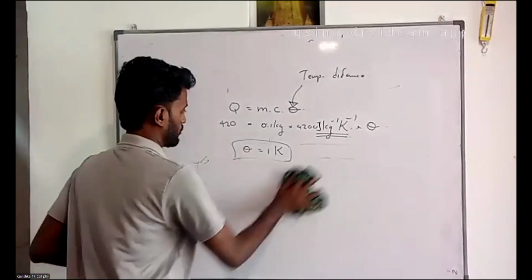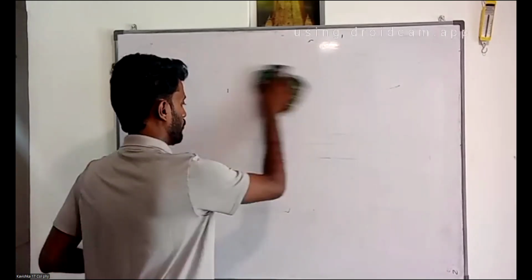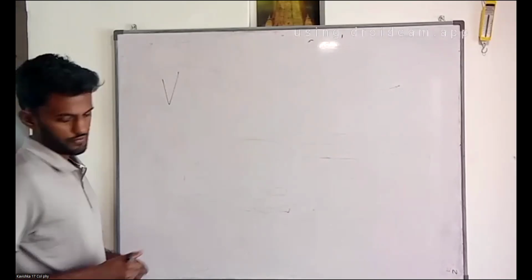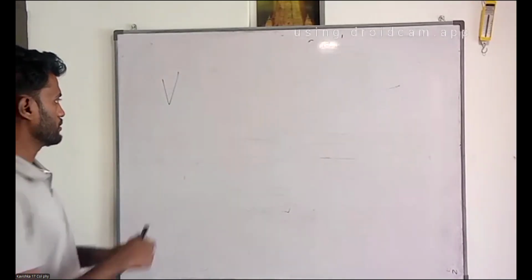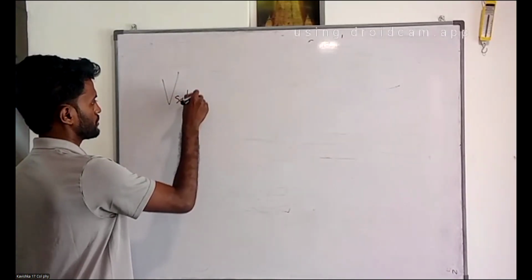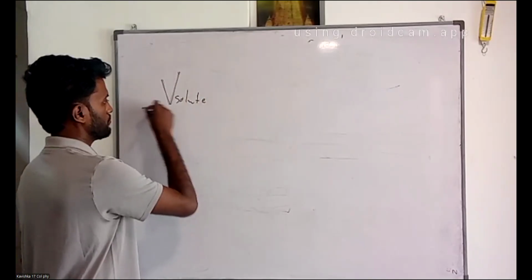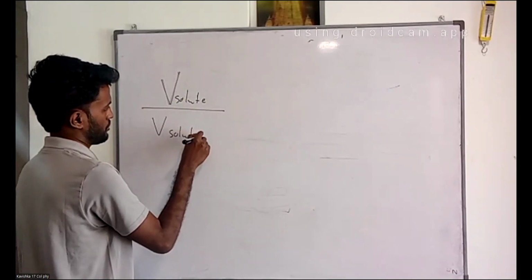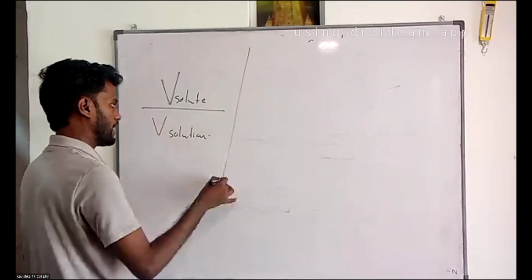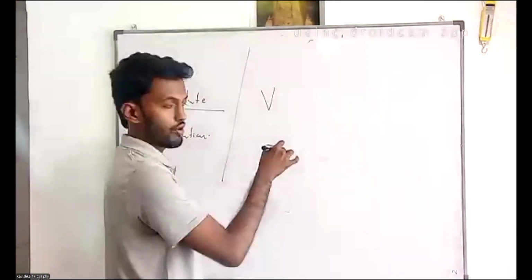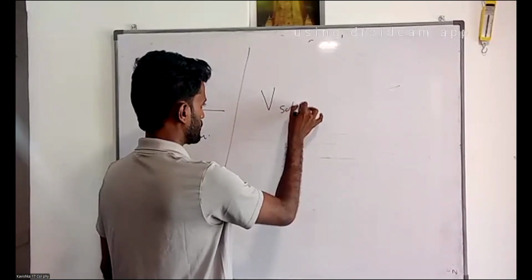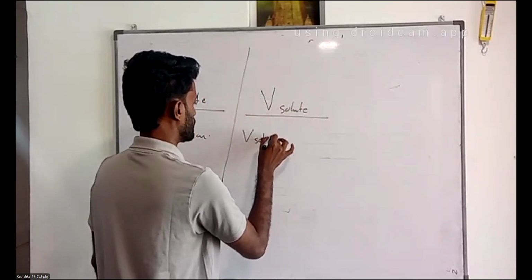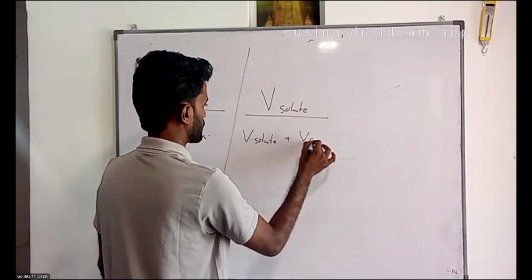Volume fraction is volume of solute divided by volume of solution. Or in some calculations, volume of solute divided by volume of solute plus volume of solvent.